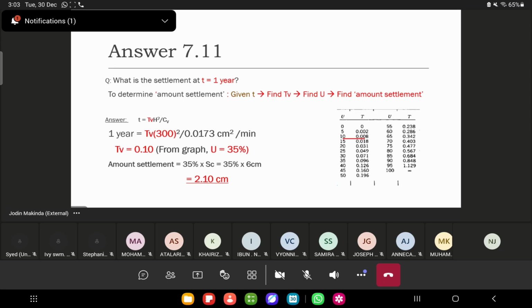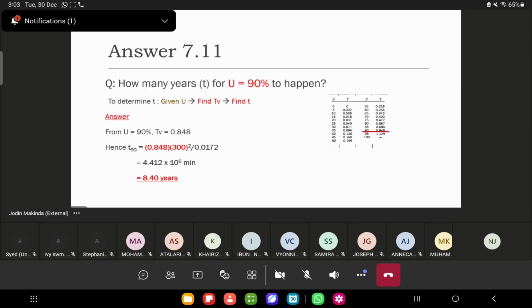So therefore, it gives you the value of U, 35%. The final answer is 35% of the SC, which is 2.10 centimeter.